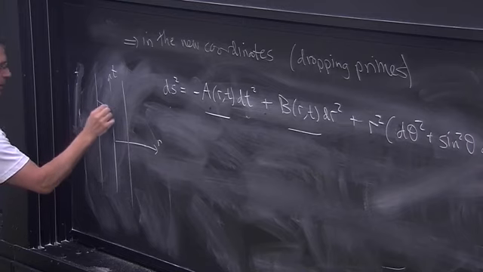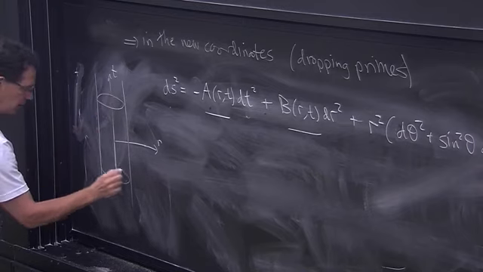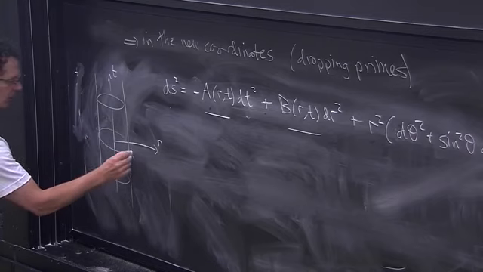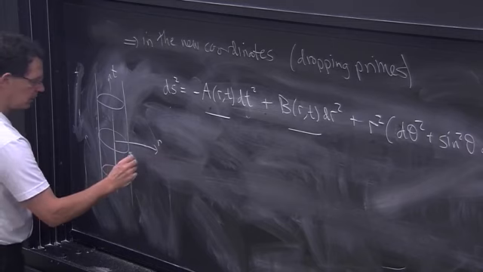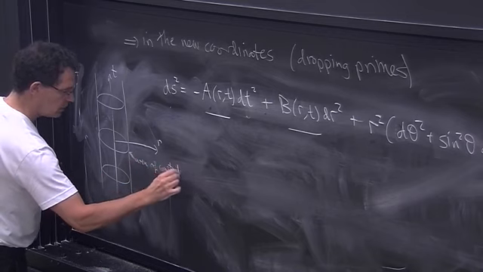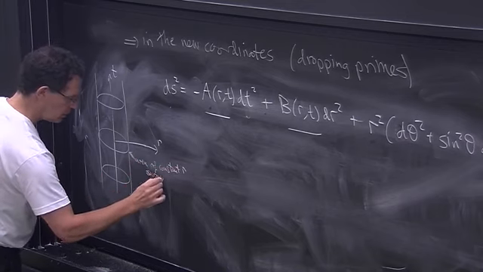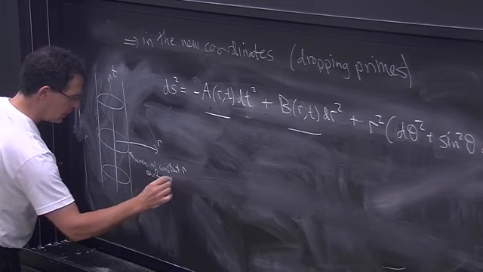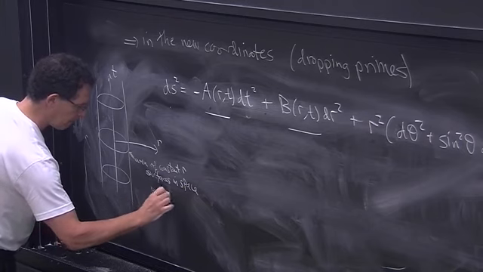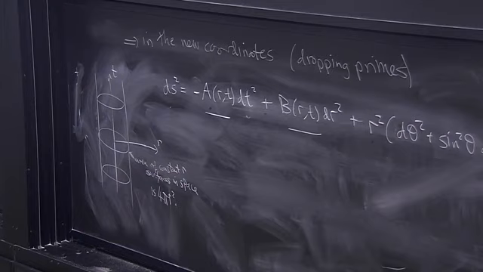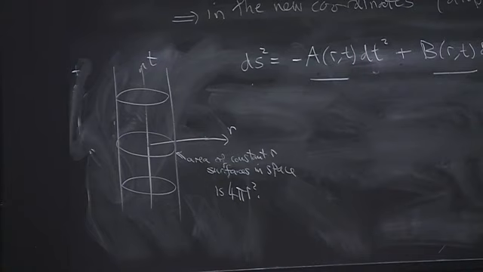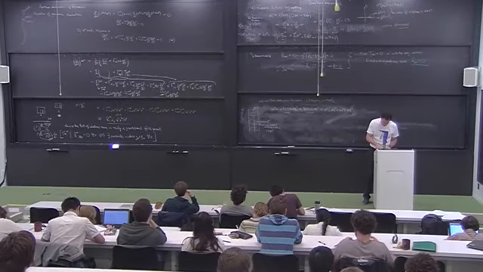And it's completely spherically symmetric. So at fixed r, it looks like this. And the area of constant r surfaces in space is 4 pi r squared. So that was a big simplification. Now you only have to solve for these two functions, a and b.